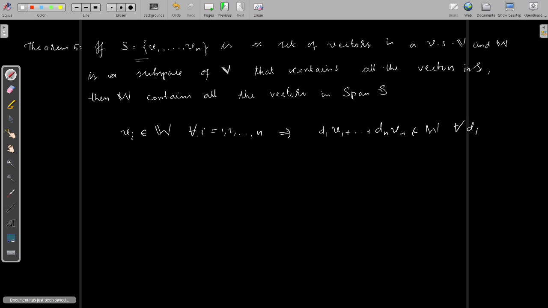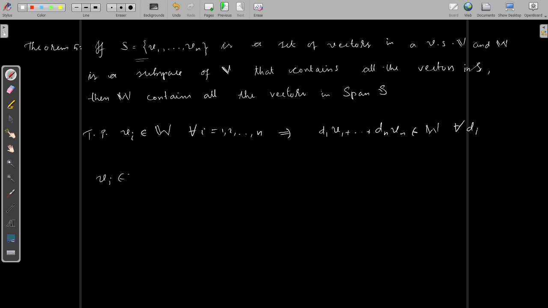That means once you consider a subspace containing some vectors, then that subspace contains all the linear combinations of those vectors. Or the W contains the span of S. So we will prove this statement.